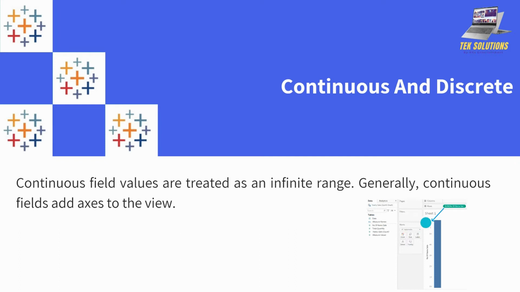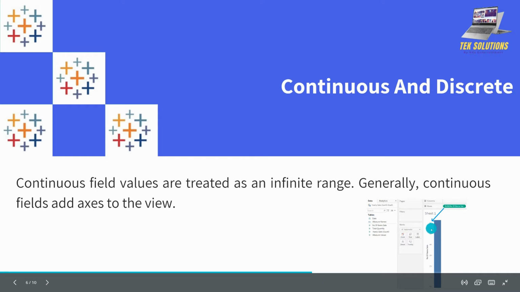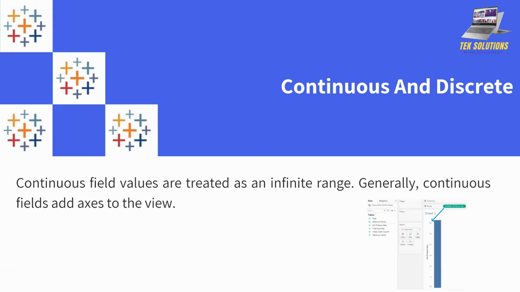As I show here, if you add a continuous field to your view, it will add an axis, here number of items per cell. It's reaching 6K in this example, but it is an infinite range.